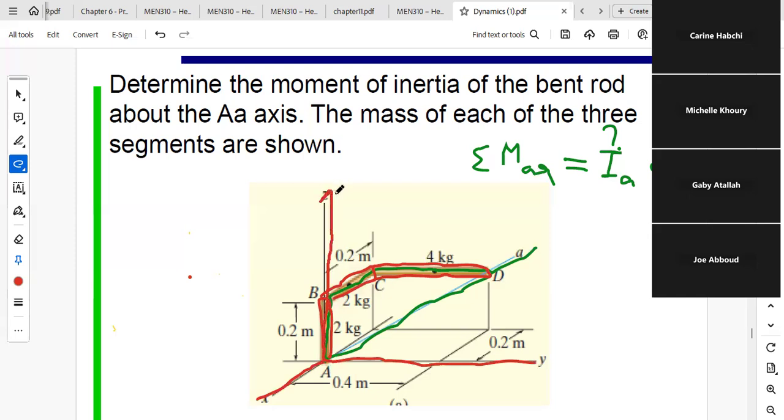So all I have to do, if I want to calculate Ixx of this body about the x-axis passing by A, what should I do? I should divide it into 3 parts.